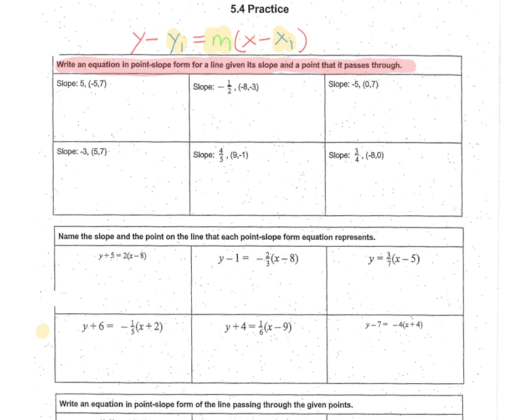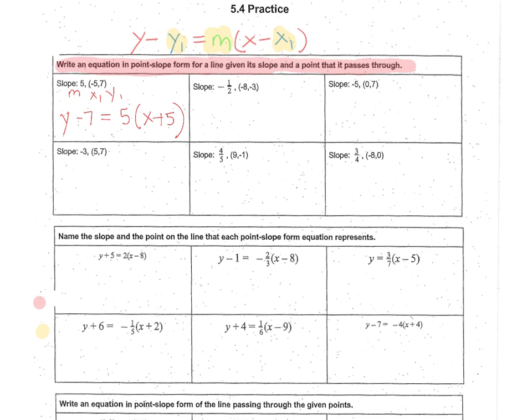When I start with this information here, this is my slope, so that is my m value. And then my x1 is -5 and my y1 is 7. So I'm going to have y minus 7 equals 5 times x minus a -5. Minus a -5 turns it into a positive.